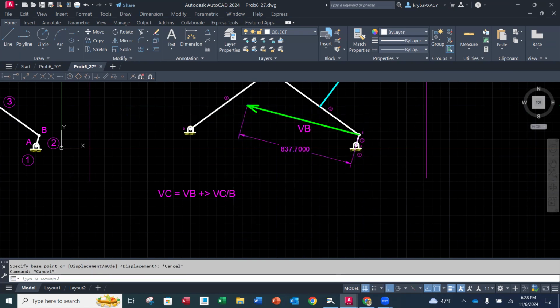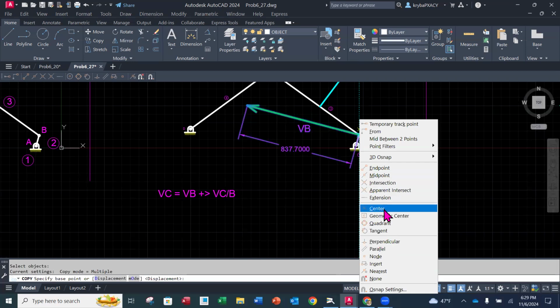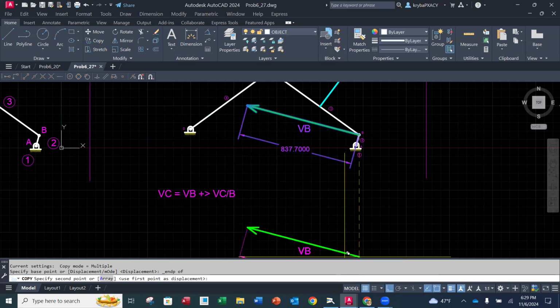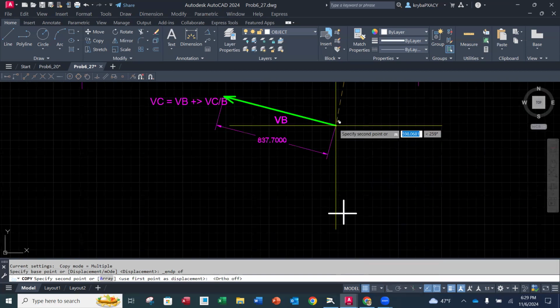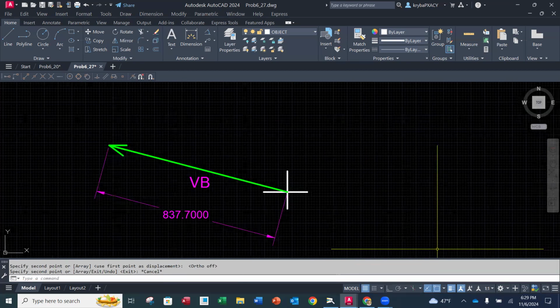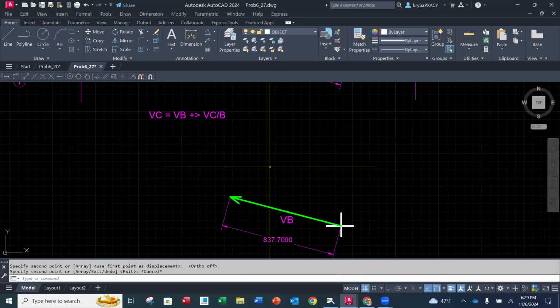Oopsie, got to get the arrowheads too. So I'm going to grab velocity of B, and I'm going to grab the end point. So make sure you use your object snaps. And I am going to put that at the intersection of my origin. Okay, so that's my first vector in my vector equation on the right-hand side of the equation.